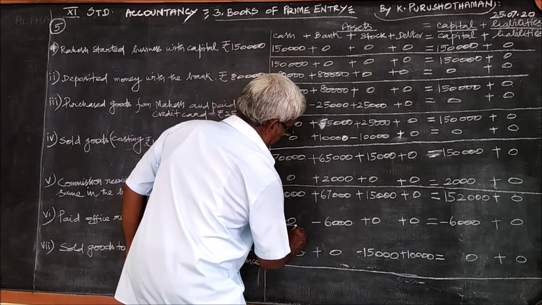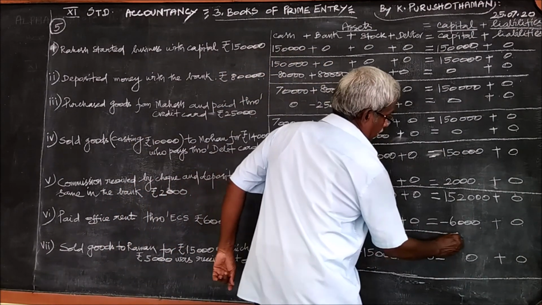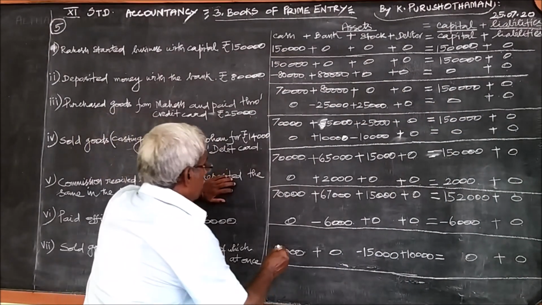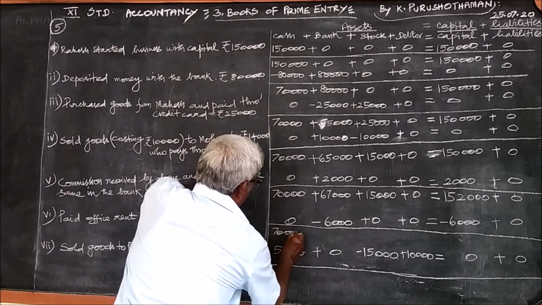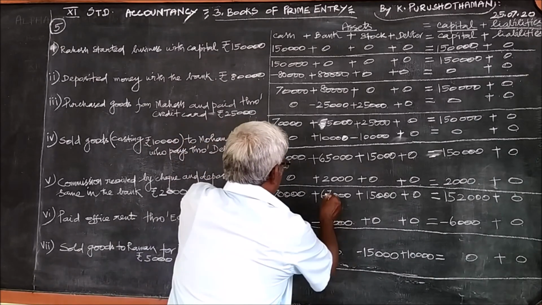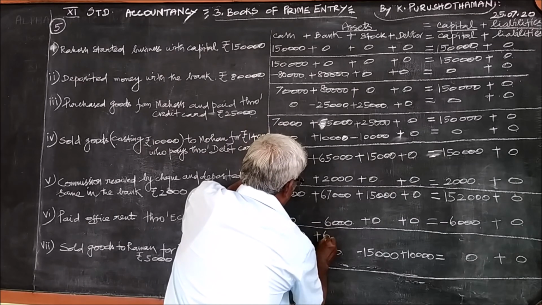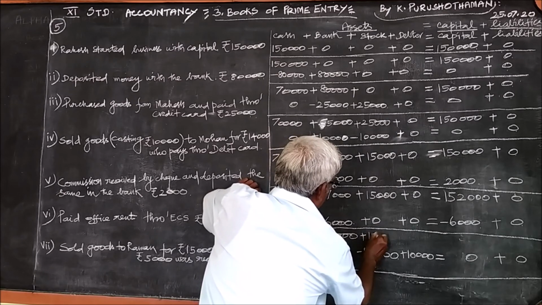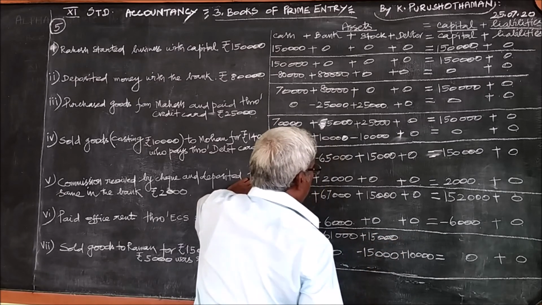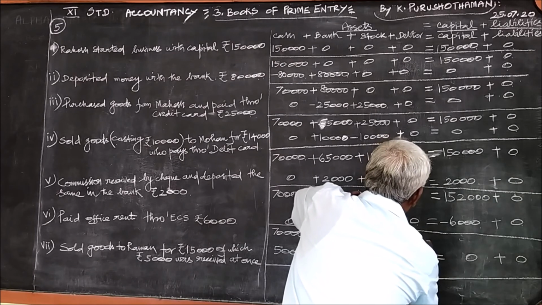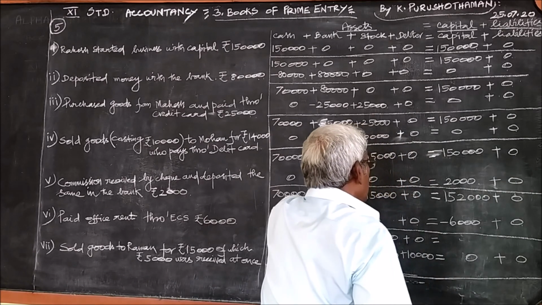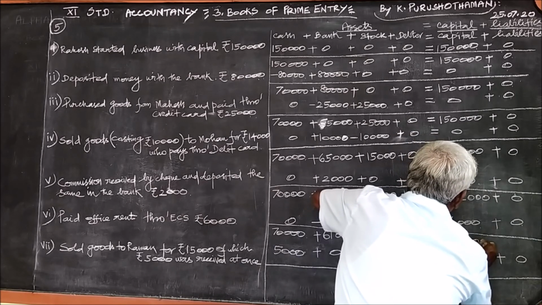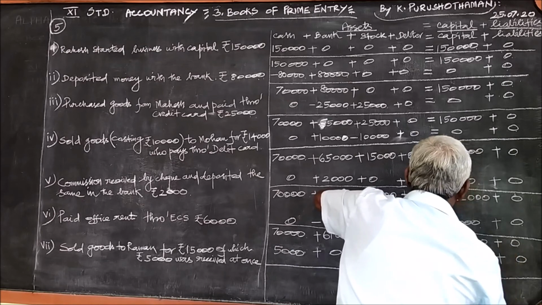Again, the next total. 70,000, 67 minus 6, 61, 15,000, plus 0 equal to 1,52,000 minus 6,000, 1,46,000 plus 0.